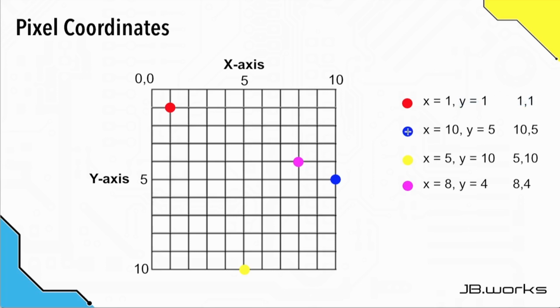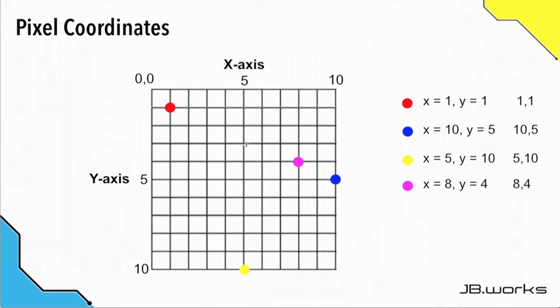So if we look at the blue one, it's 10 along the x-axis and 5 down on the y-axis, so we call it 10, 5, and so on. So basically this coordinate system lets us uniquely specify the position of any pixel anywhere on the screen. And once we've done that, we can turn it on and off, we can change its brightness, its color, etc.